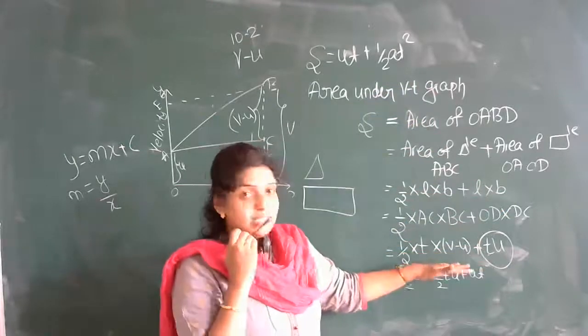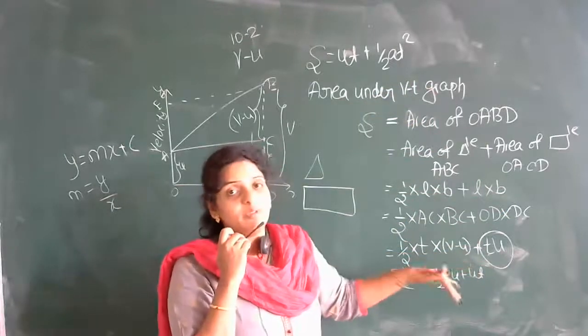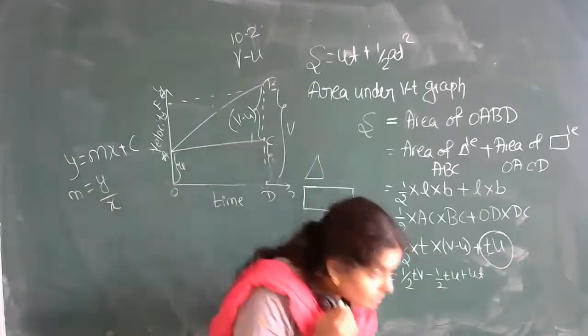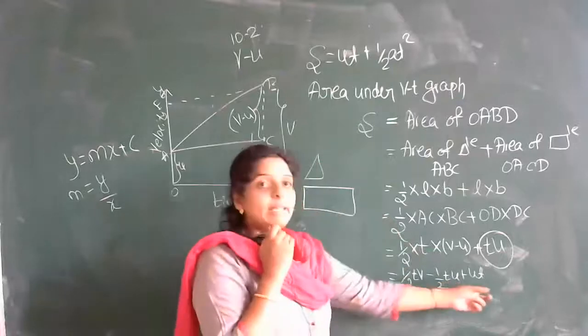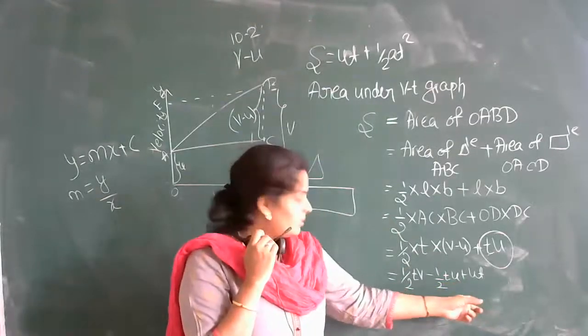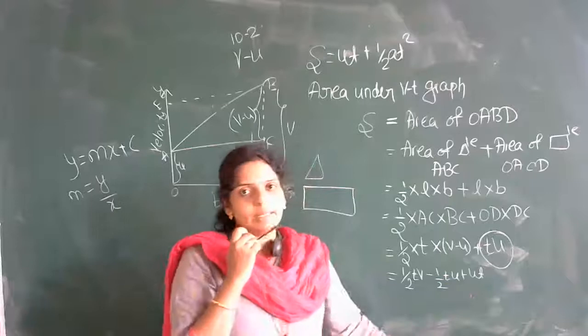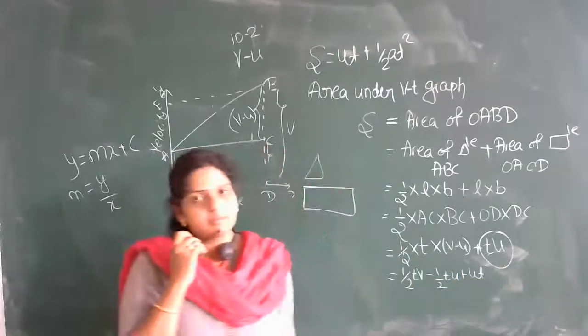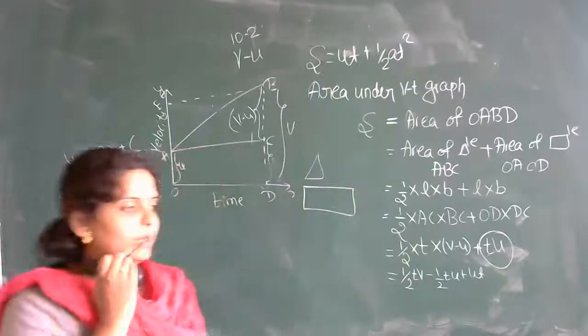Only I am changing the last two steps, which will give you the third derivation. Someone is saying t. You can take ut common from this. Can you see? You can take ut common here. After taking ut, simplify it. You do it by yourself. Let's see who will get the answer.